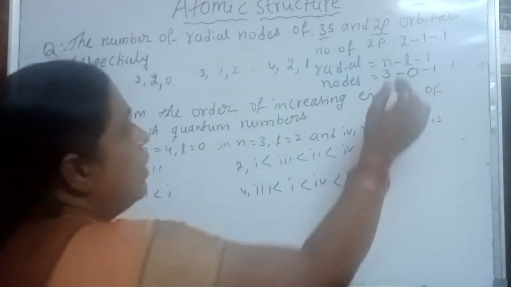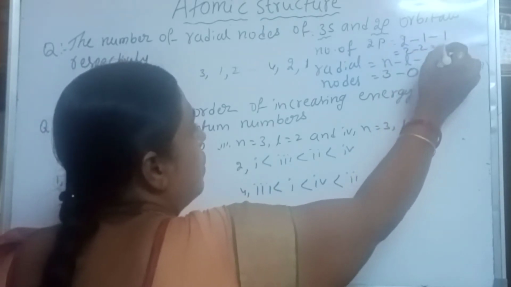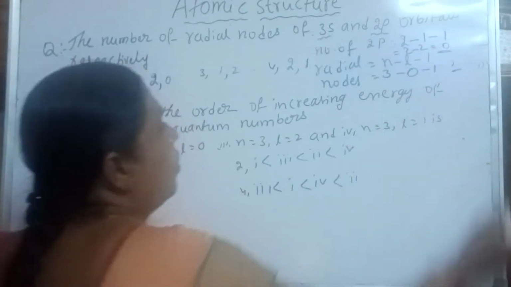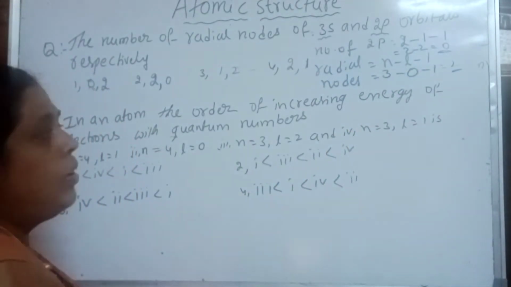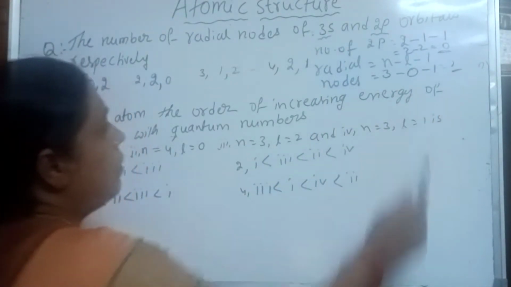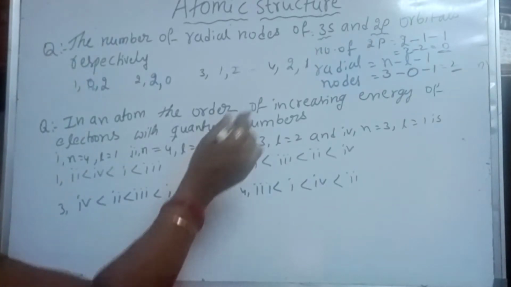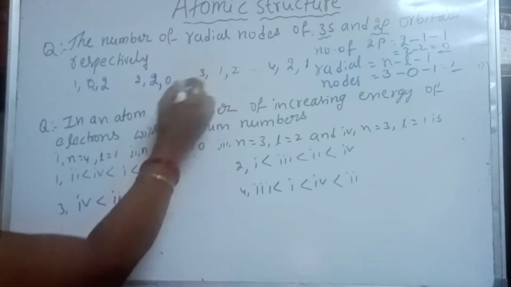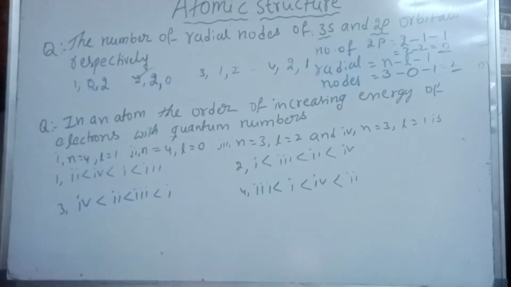So 2 minus 1 minus 1, that is 2 minus 2, which is equal to 0. Means for 2p orbital, the number of radial nodes is 0. For 3s orbital, the number of radial nodes is 2. So according to the given options, which one is the correct option? For 3s orbital 2, for 2p orbital 0. The second option is the correct option.